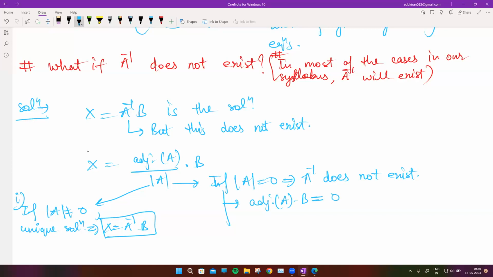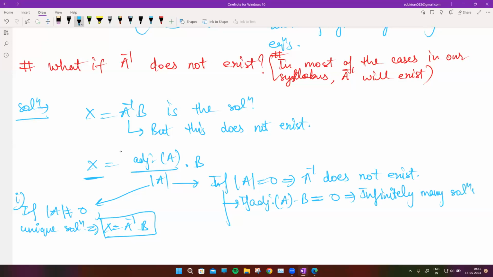If this is also 0, then you get a 0 by 0 form, right? And I just told you the concept: if there is a 0 by 0 form, then there will be some answer for x. So if adjoint of A into B is equal to 0, then it will have infinitely many solutions.